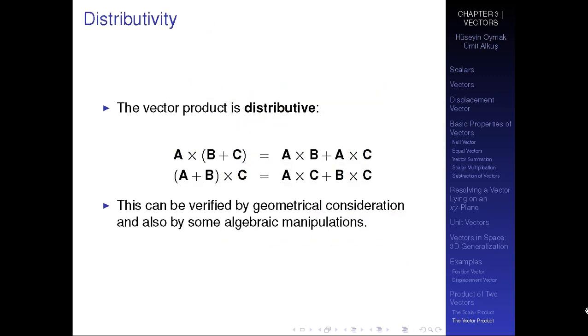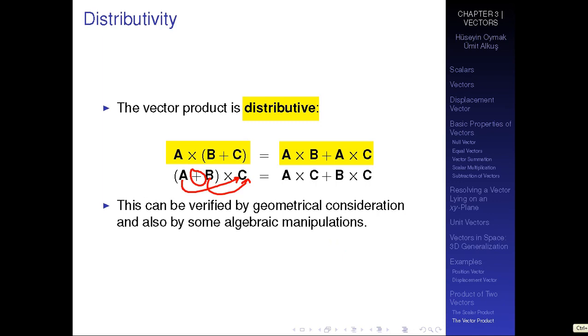Furthermore, the vector product is distributive over vector summation. It is A × (B + C) equals A × B plus A × C. Similarly, (A + B) × C is equal to A × C plus B × C. These results can easily be verified by geometrical consideration and also by some algebraic manipulations.